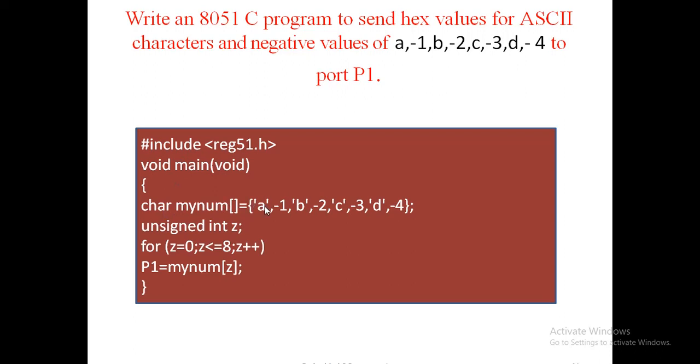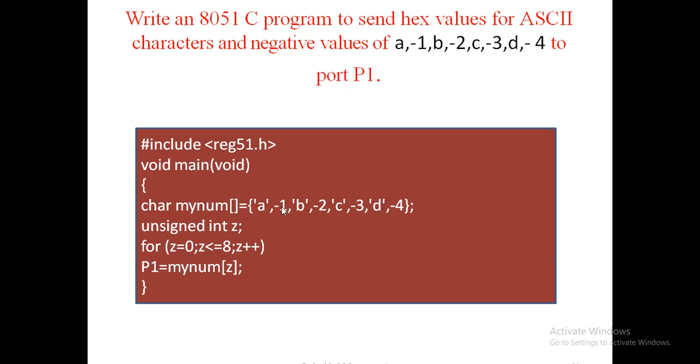Whatever value I send through single quote, the ASCII value of that is transferred to P1. Here I am not putting any single quote. What is the -1? The negative value. Okay, the negative value of -1. And B and -2, it is a 2's complement value that has to be transferred to P1.